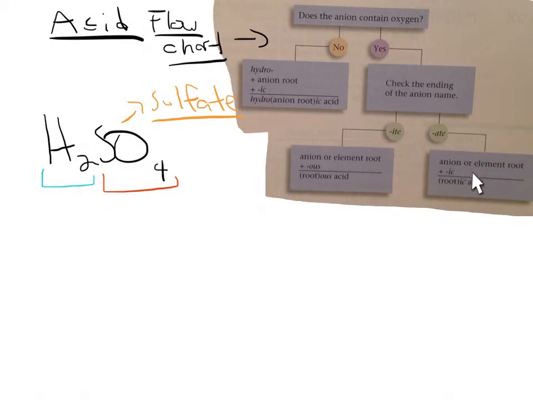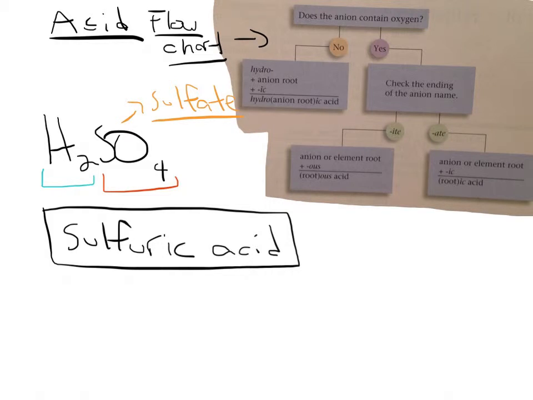So you take the anion or the root element and add ic. So the anion is sulfate. So we're going to add an ic to this. So it's not going to be sulfateic. We drop the ate. And how you would name this would simply become sulfur for the sulfate, sulfuric acid.